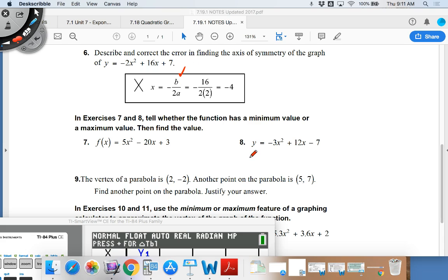Yes. Now I would look at the b's and the a's. Did they plug in correctly? So because our a is -2, this right here is not plugged in correctly. So I'm going to say a equals -2.